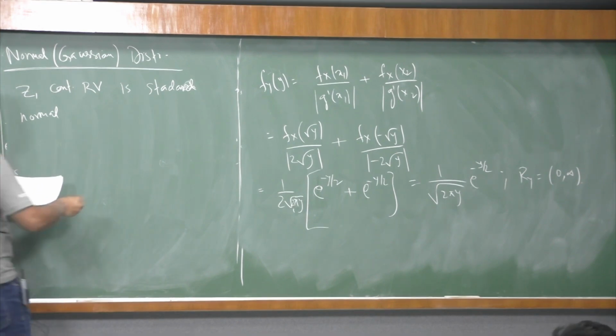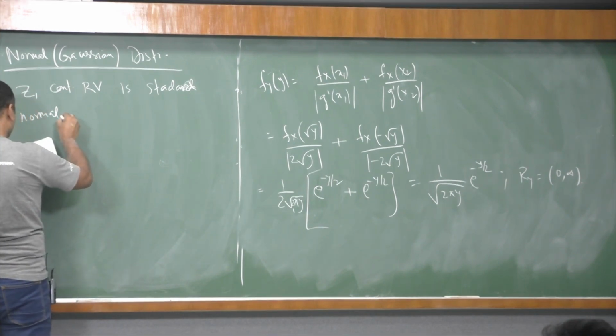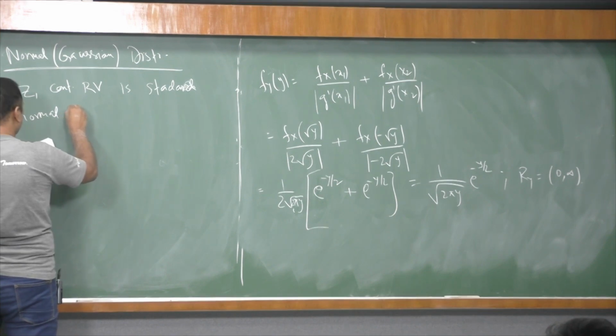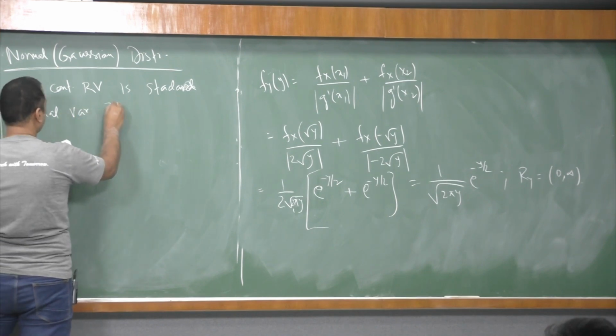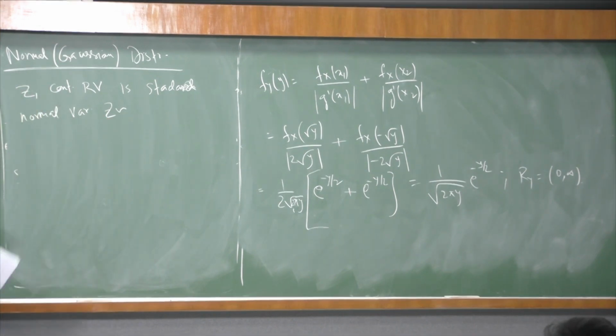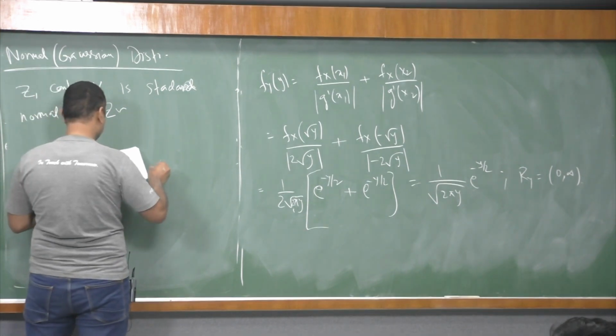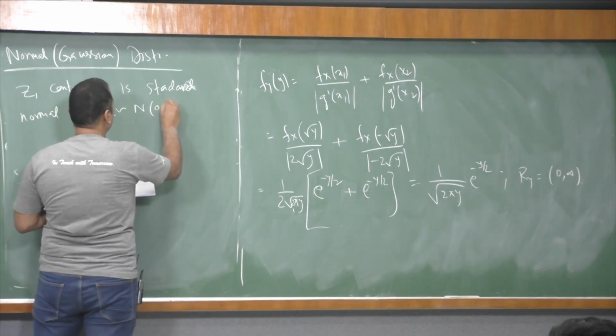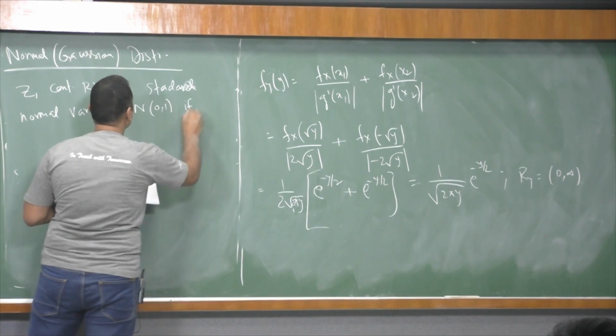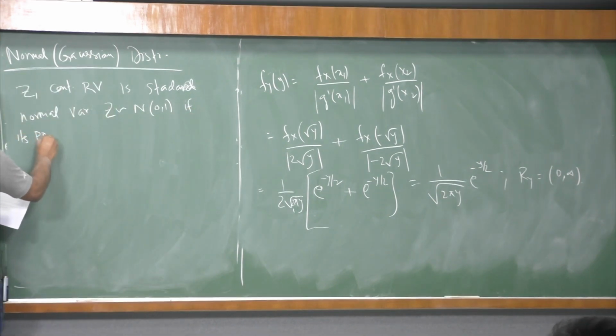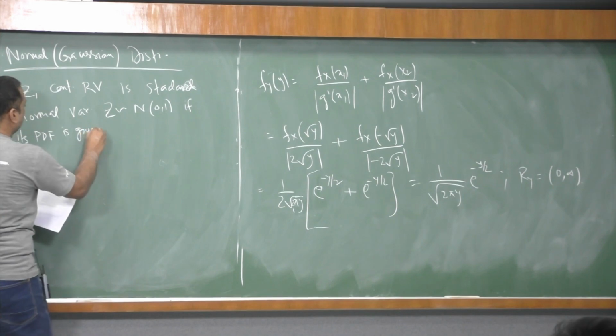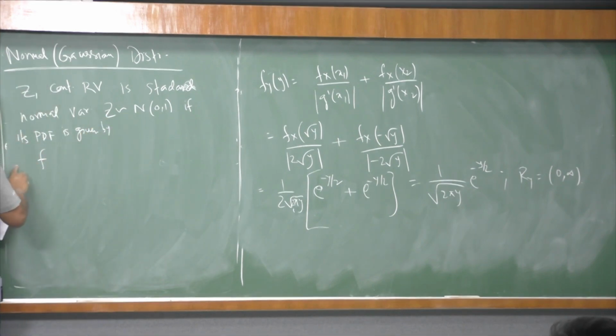Okay, so first let us see a standard normal random variable, shown as Z. It's also very trendy to use Z for normal. Okay, usually you will see Z. So Z tilde N(0, 1), if its PDF is given by, so as you can see, in the previous example itself we used standard normal, okay, but we didn't define it, but now we are defining it.